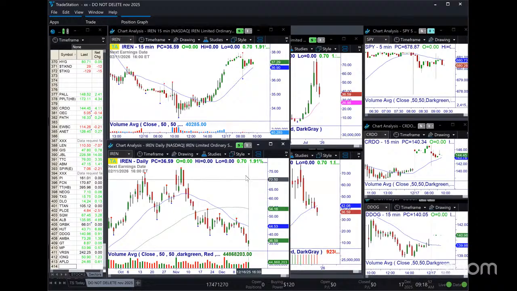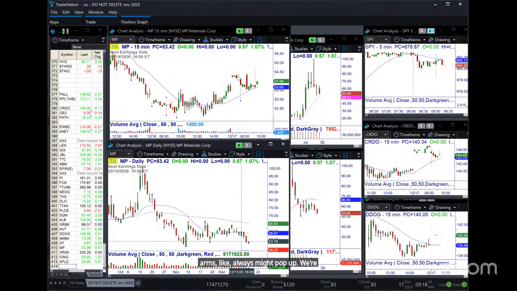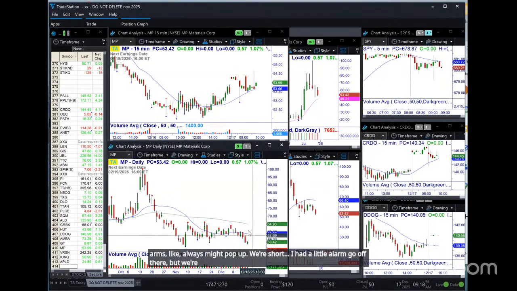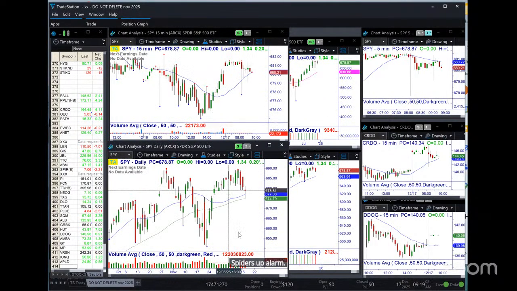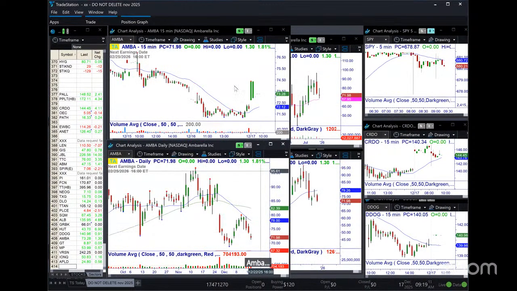Arms, like always, Mike Papa. We're short. I had a little alarm go off there, but we're in trail mode on that. A lot of breakdowns we've been trading. Spiders up alarm. We have a call spread. We have a half lot in trail mode. AMBA trail mode. Up alarm.